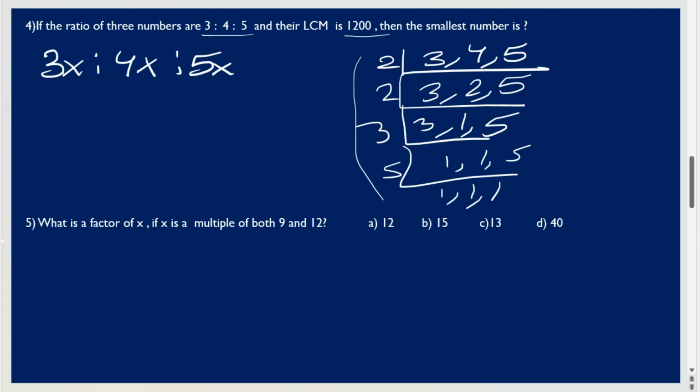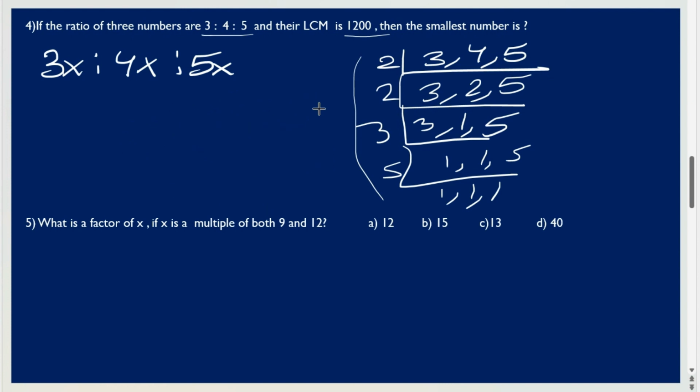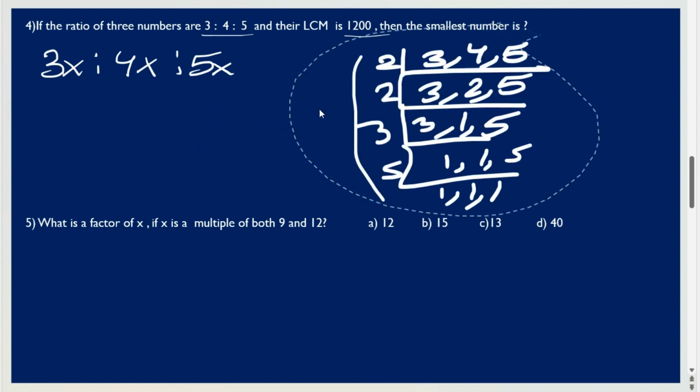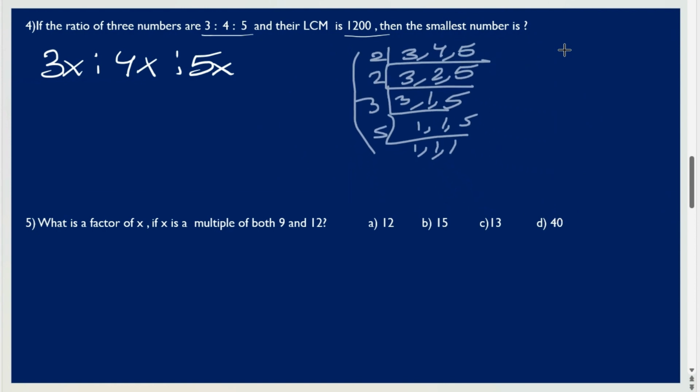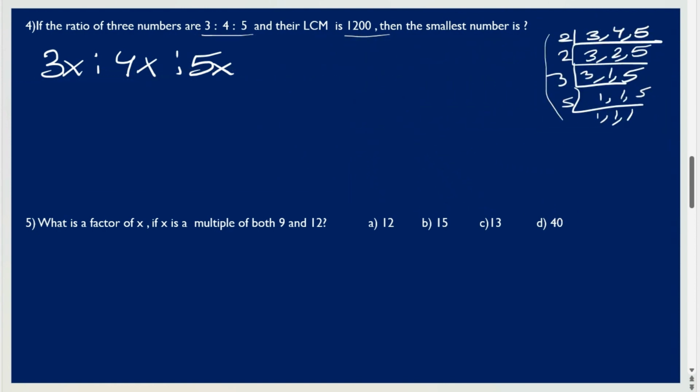Just multiply these now. 2 times 2 times 3 times 5. That's going to equal 2 times 2 is 4, and then 12, and then 60. We're going to get 60. So the LCM is just going to be 60.